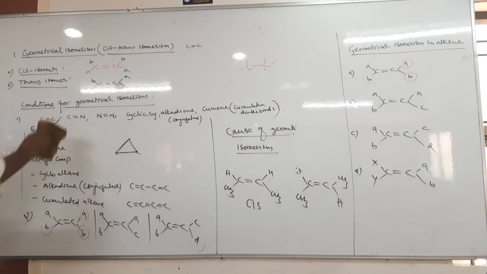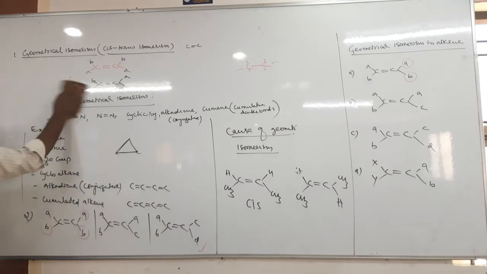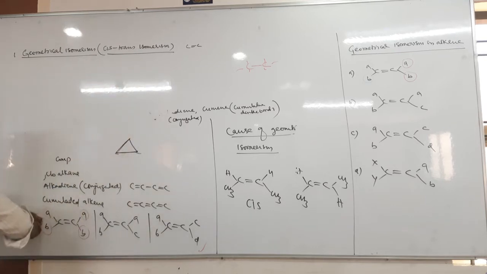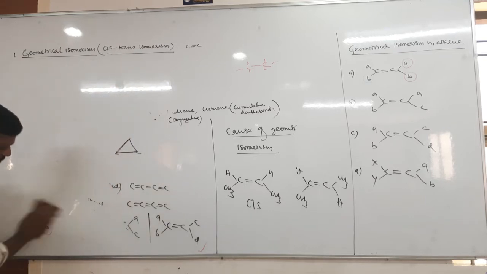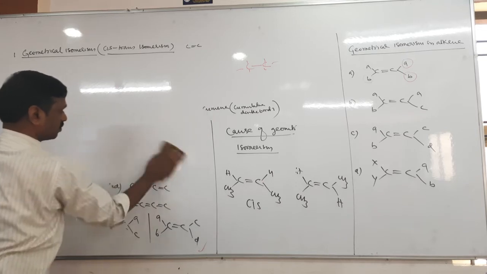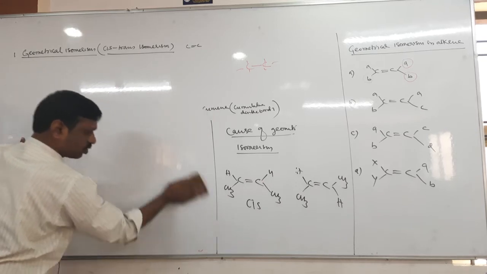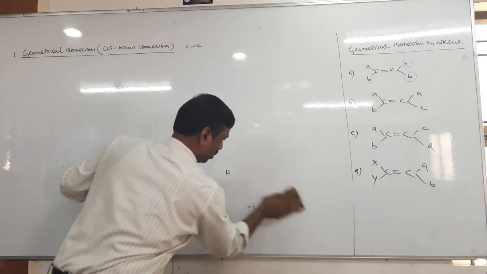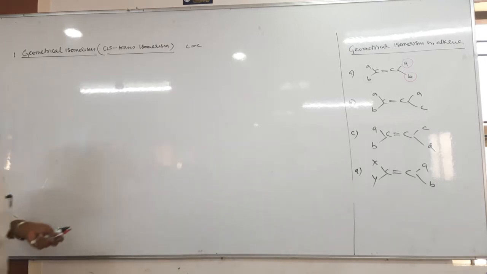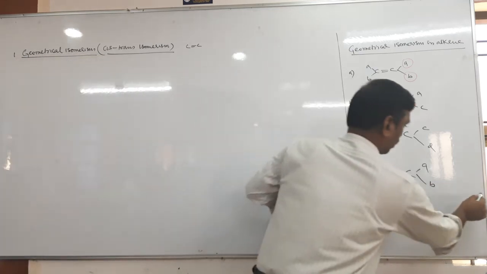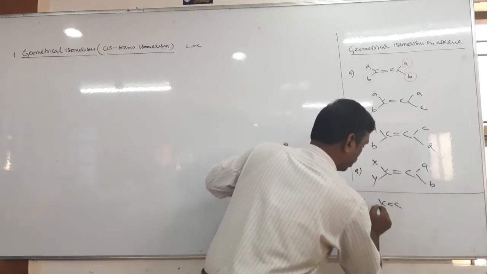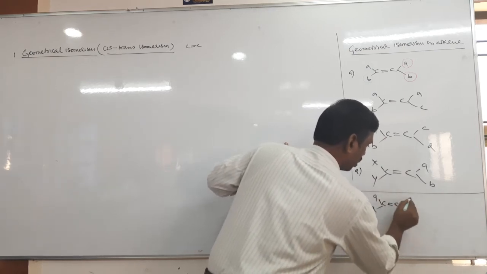Next. The following alkenes do not exhibit geometrical isomerism. A. Let us take a carbon-carbon double bond with AA on one carbon and AB on the other.